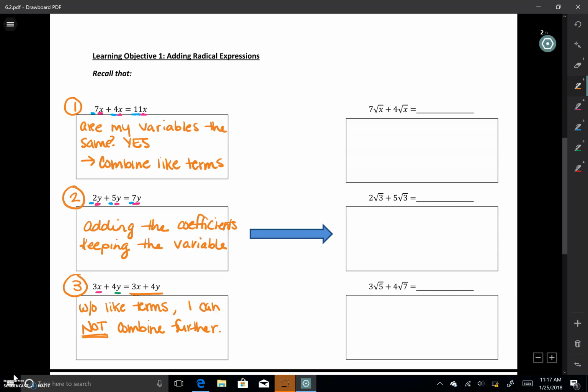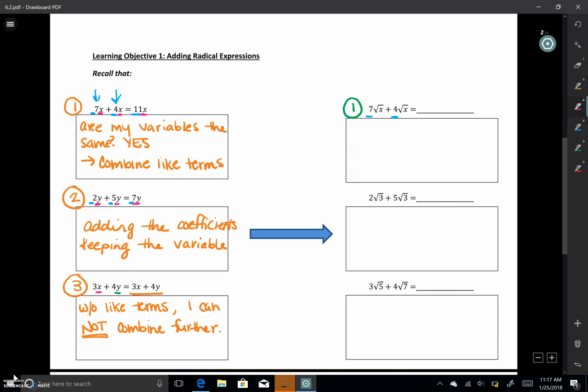And I wanted you to recall this because all of this, the method that we use to combine terms with variables, is very similar to how we add or subtract terms with radical expressions. So if you take a look over here on the right side, you'll notice my coefficients are 7 and 4 just like they were over here in that first example on the left.